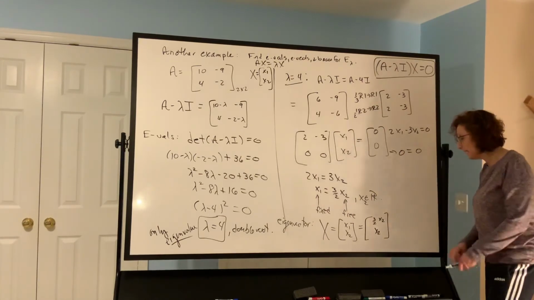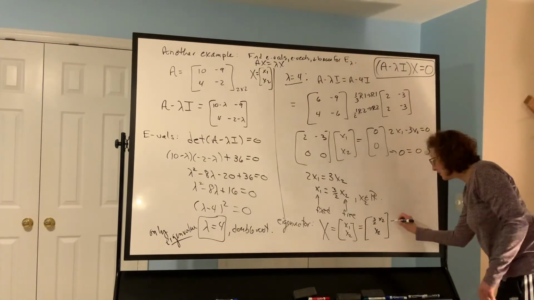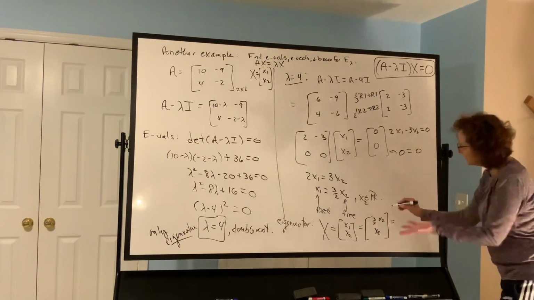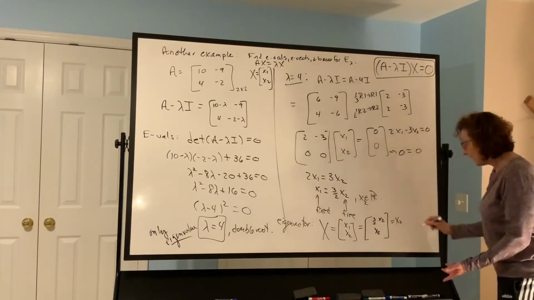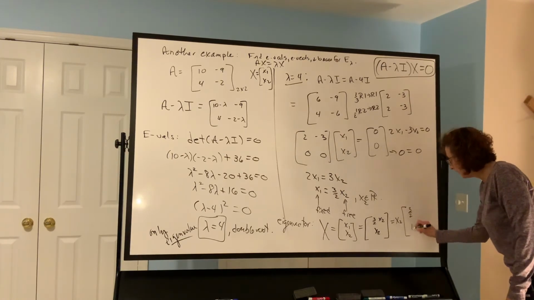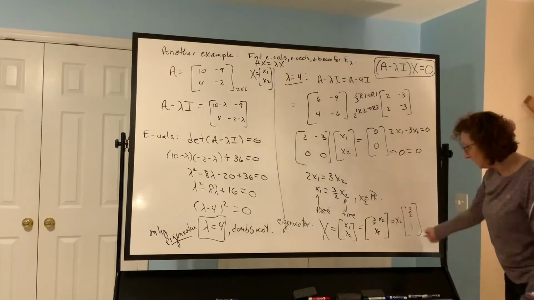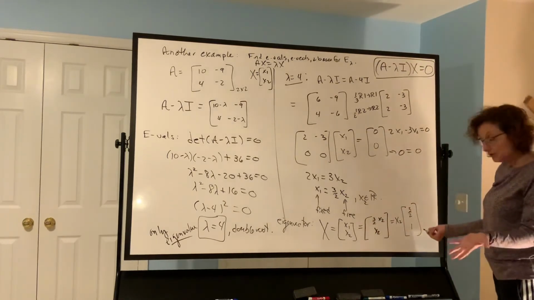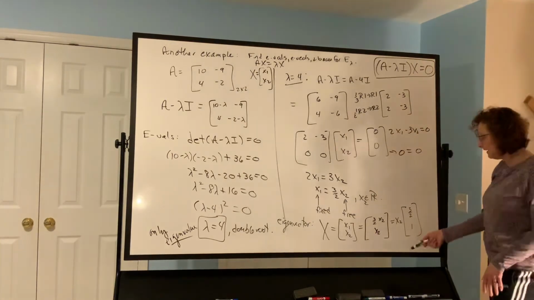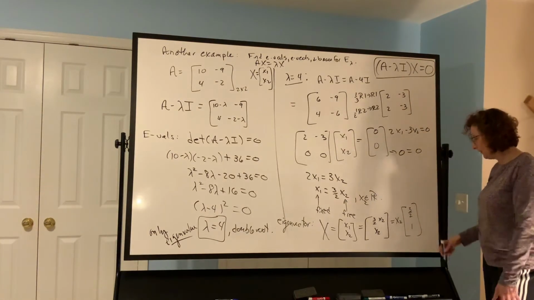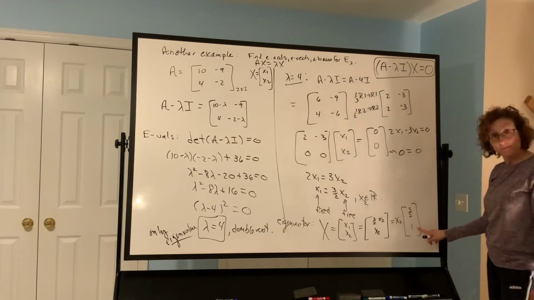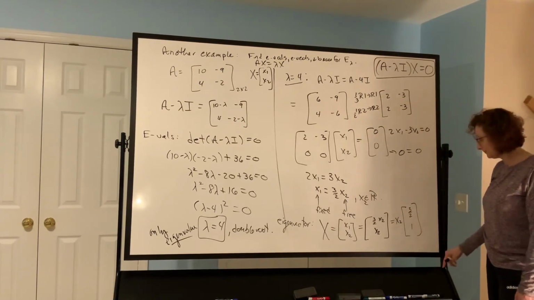Another way to write that is to factor out the x2, and that's then 3 halves and 1. So again, there are infinitely many eigenvectors associated with the eigenvalue 4: any column vector whose first component is 3 halves times its second component.